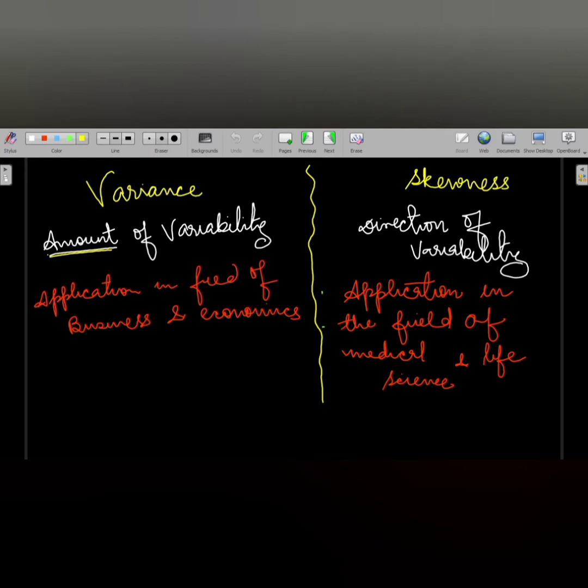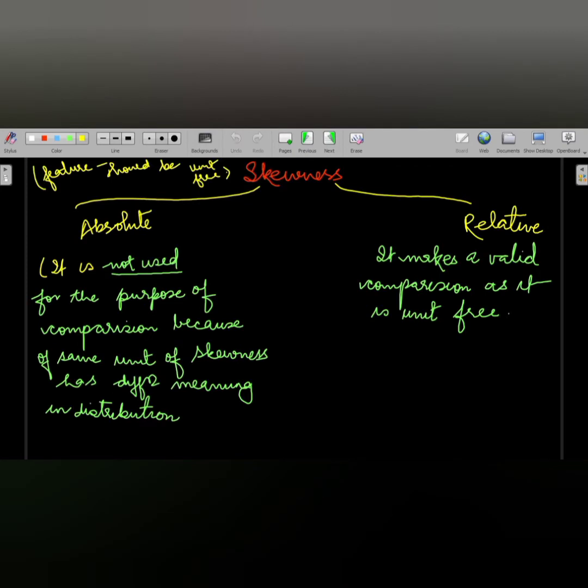Now where is variance used? Variance is applied in the field of business and economics, whereas skewness is applied in the field of medical and life sciences. Clear? Now we will move towards the measurement of skewness. There are various methods to calculate skewness. Basically there are two, the absolute figure and the relative figure.